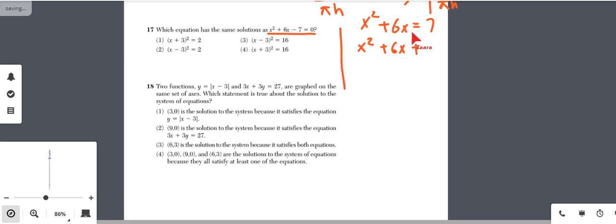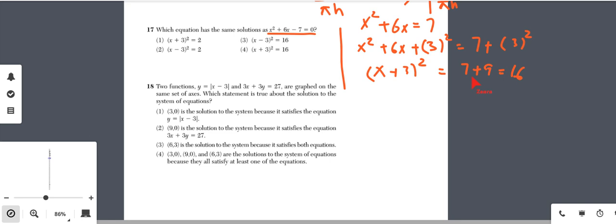Now I am adding 6 divided by 2, which is 3, so I'm adding 3 squared on both sides. It is equal to 7 plus 3 squared. Now on the left side I have a perfect square, x plus 3 whole squared, which is equal to 7 plus 9, which is equal to 16. So x plus 3 whole squared equals 16.